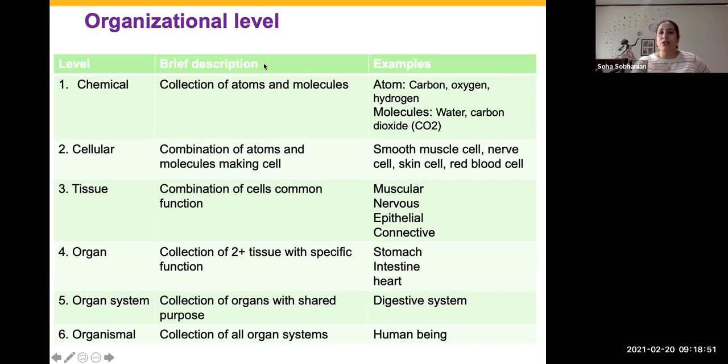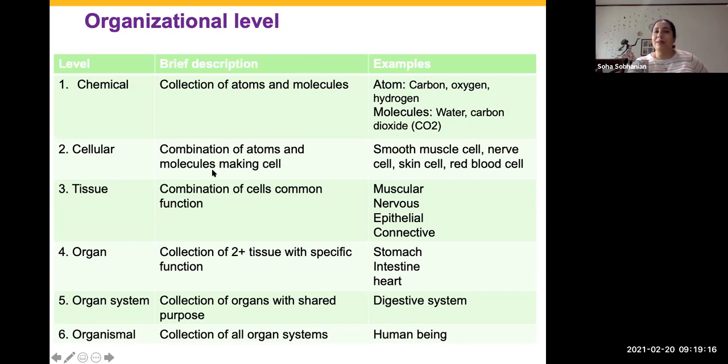One of the things you really need to know, and I want to start hinting at what you need to study or how you want to study. First of all, be able to recreate this chart. If I say list the organizational levels from least complex to most complex, you go from 1 through 6. And if I ask you to go from most complex to least complex, you go from organismal back to chemical.